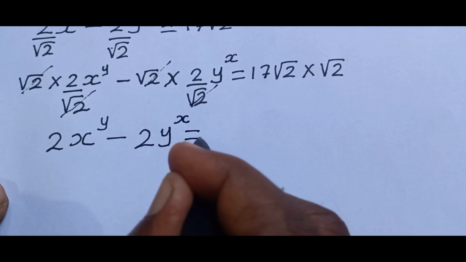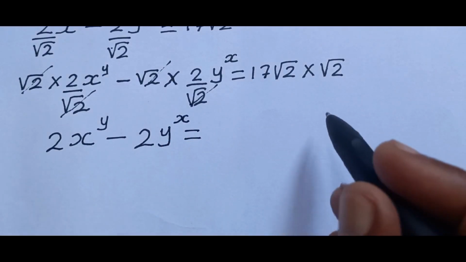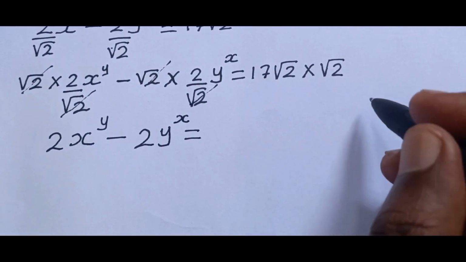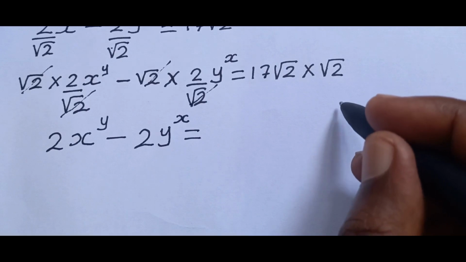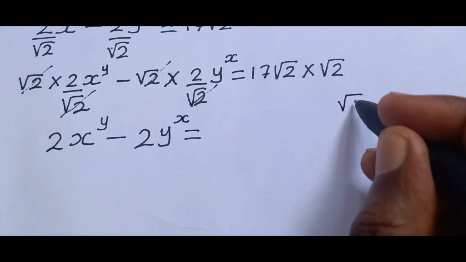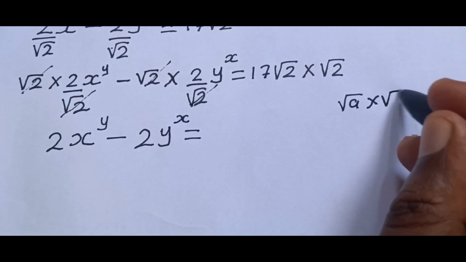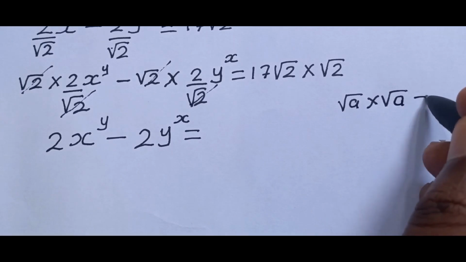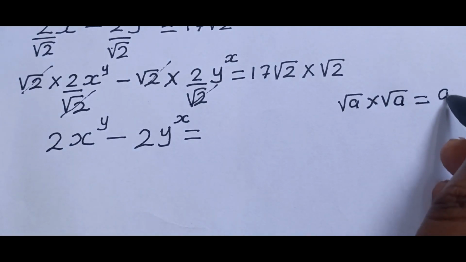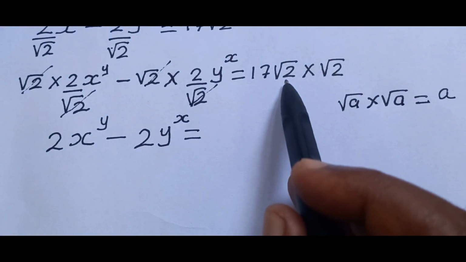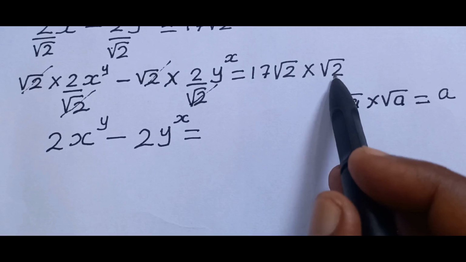This is equals to, we know, applying the law of exponents, root a times root a equals to a. So in our case here, we have root 2 times root 2.